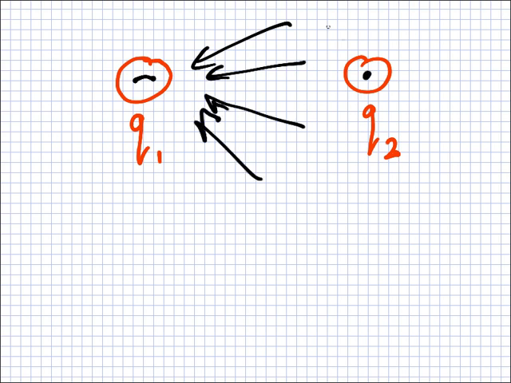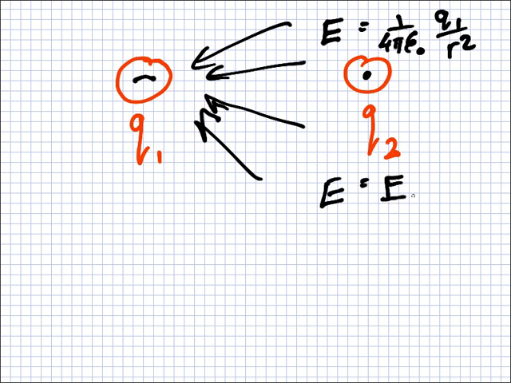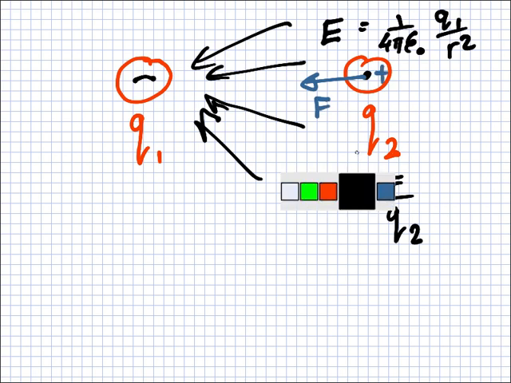Here at this point, the strength of the field is 1 over 4 pi epsilon 0 Q1 over R squared. But we also have the formula E equals F over Q2, because there'll be a force here if this one, say, is positive.